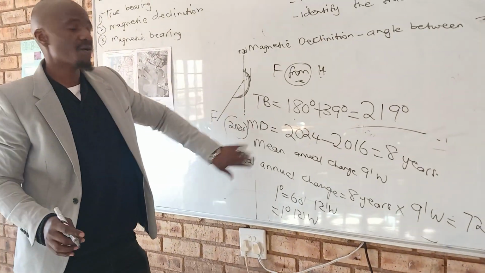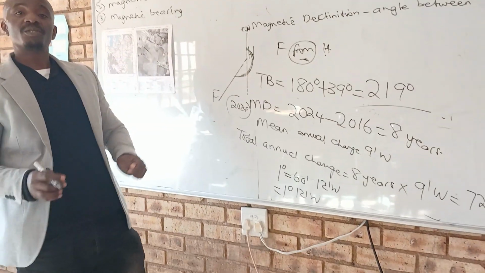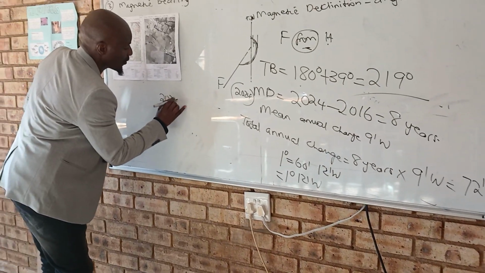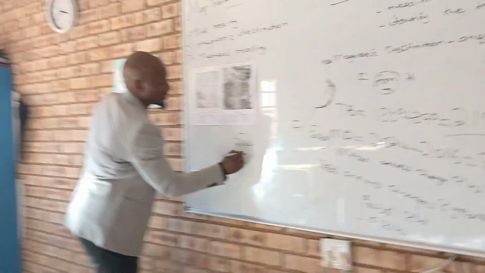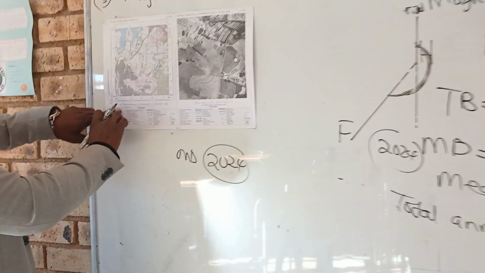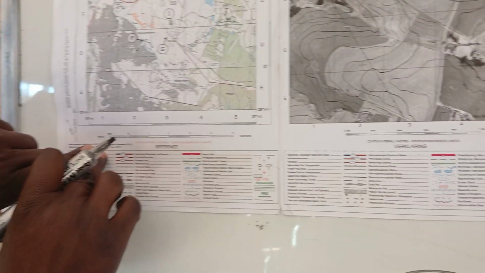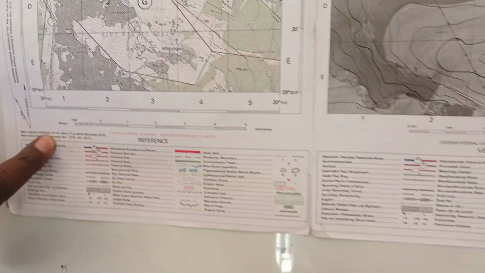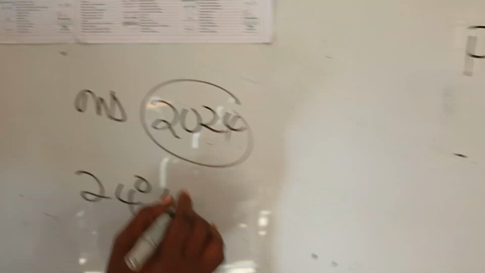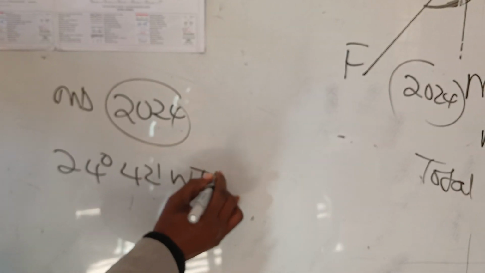Okay, so from there now we want to calculate the magnetic declination for 2024. How do you do it? You are going to check MD 2024. You check on your map again. What you have is the magnetic declination for 2016, which is 24 degrees 42 minutes west of true north.